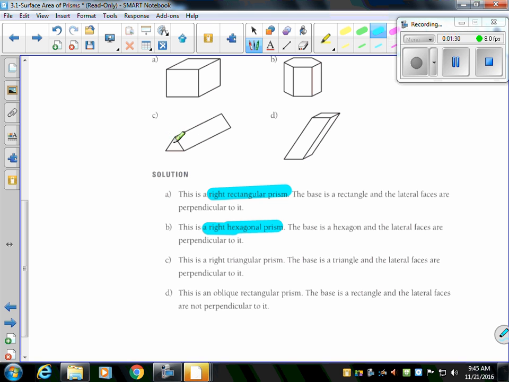This is 90 degrees as well. It's a triangular base, so this is a right triangular prism. There is an oblique rectangular prism, so this means that it's not 90 degrees, it's kind of bent out of shape, looks parallel to each other as a parallelogram. So we call it an oblique, but it is a rectangular shape prism.